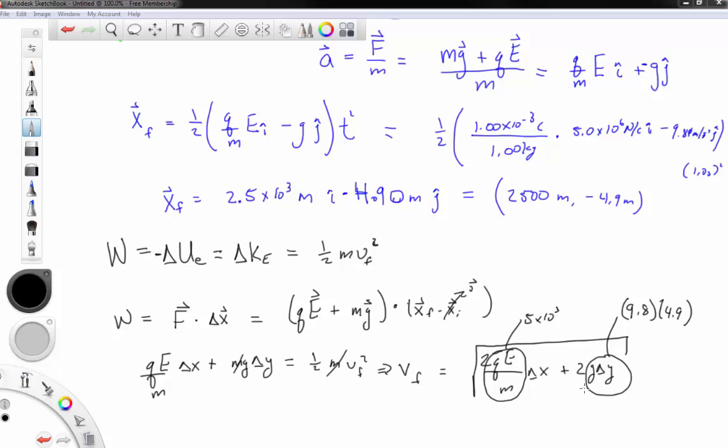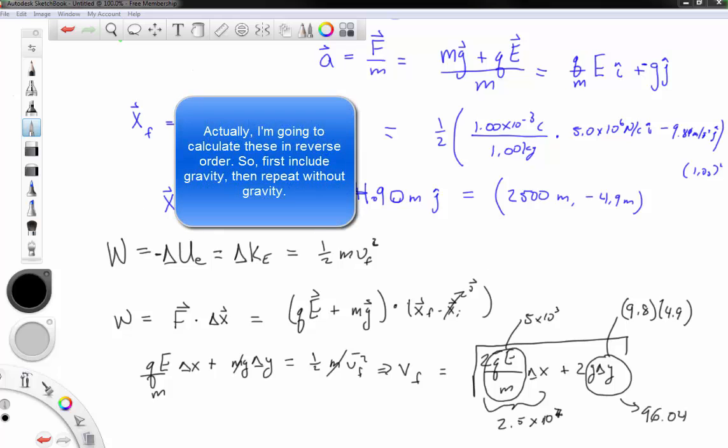We can see, by the way, that this term is virtually not going to matter. Just for fun, I'll calculate it without this term, and then I'll calculate it with this term. You get 5,000.0096 meters per second, without paying attention to significant figures.